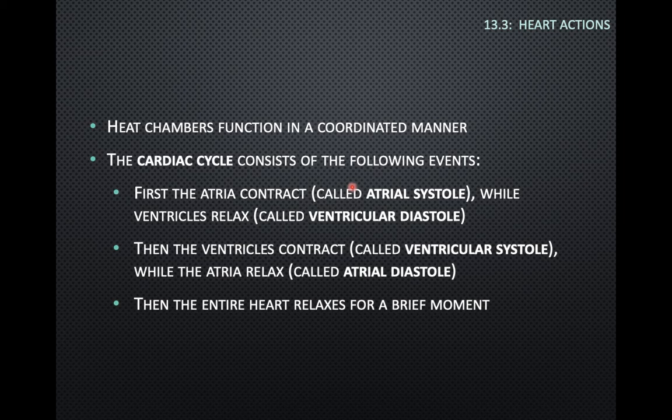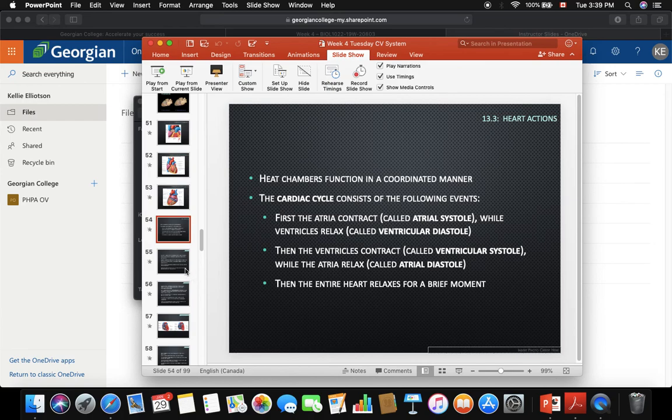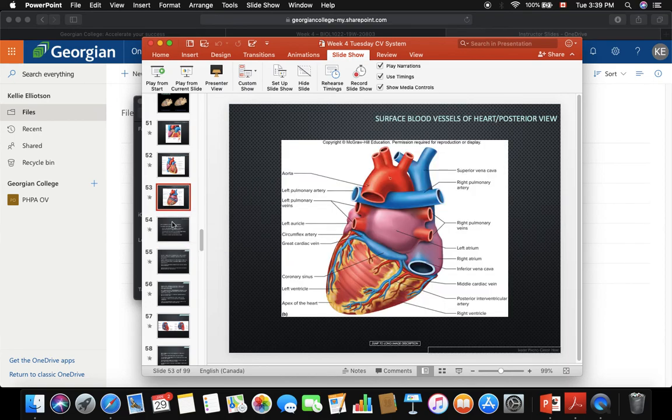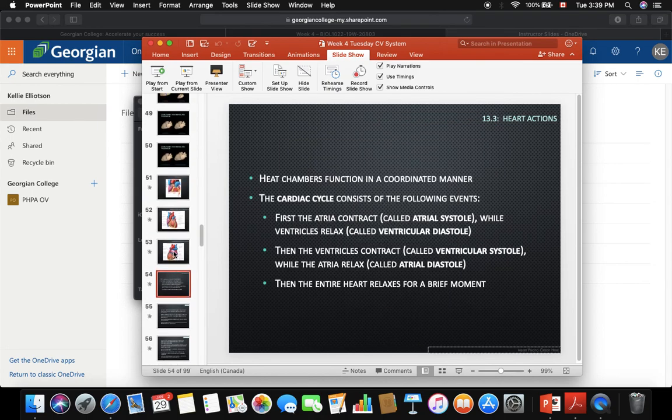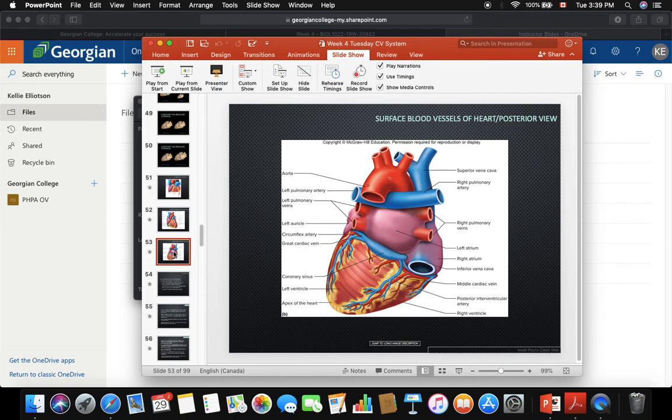And that's it. We'll carry on with heart actions in the next unit, on the next class, but we'll stop here for today. So what I'd like you to do is review the different parts of the heart, and then review the pathways of the heart as well.